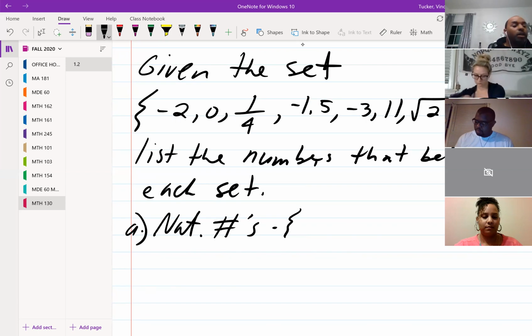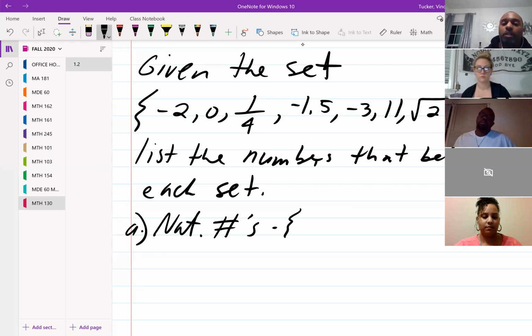Remember where our natural numbers start. Natural numbers start with positive 1. It goes from positive 1 to infinity. So anything negative will not be a natural number. And remember, no decimals nor fractions are natural numbers. And 0 is not a natural number.